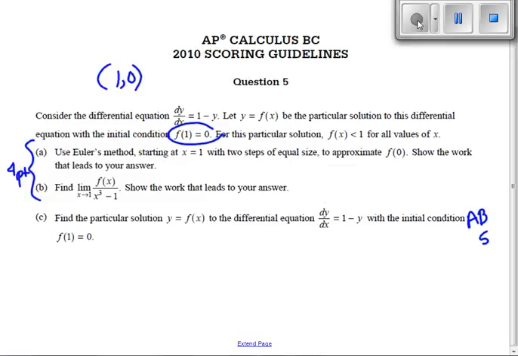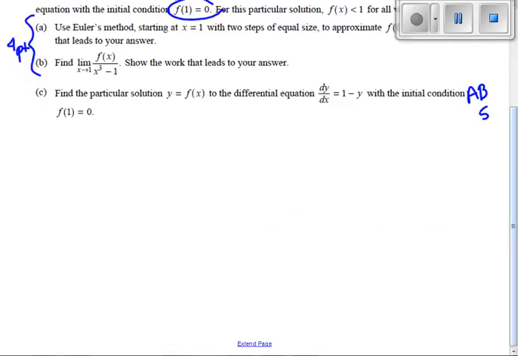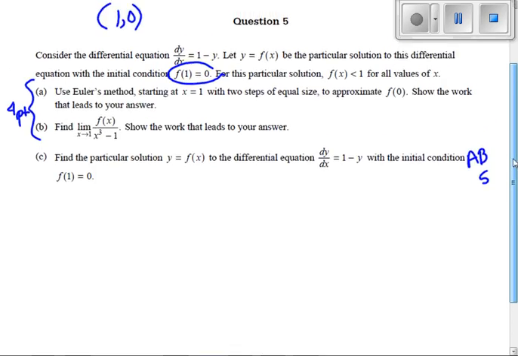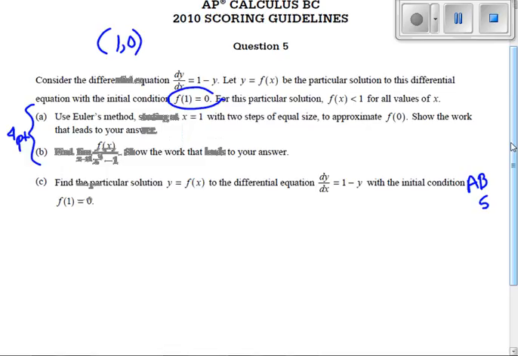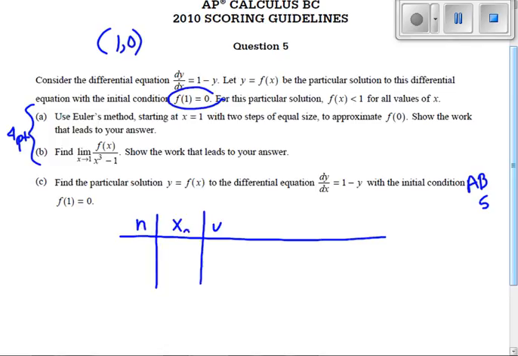Okay, so there's your differential equation: dy/dx is 1 minus y. And it says we're going to start at (1, 0). So I'm going to put my little chart here. This is n, this is x, y. I like to write down my slope.